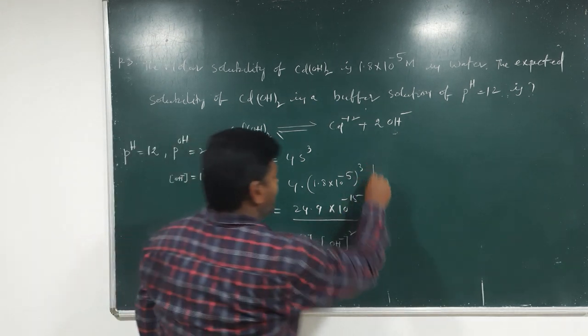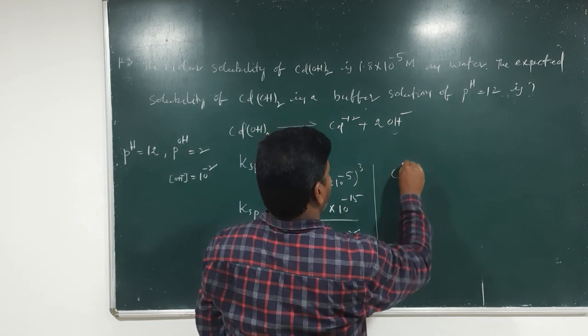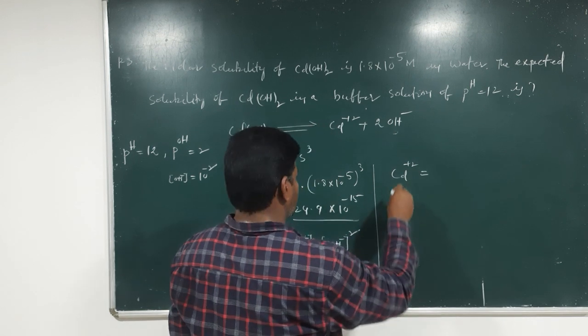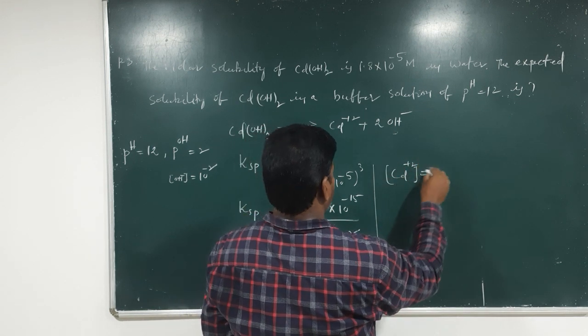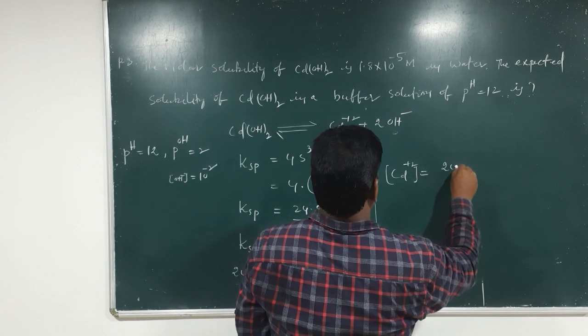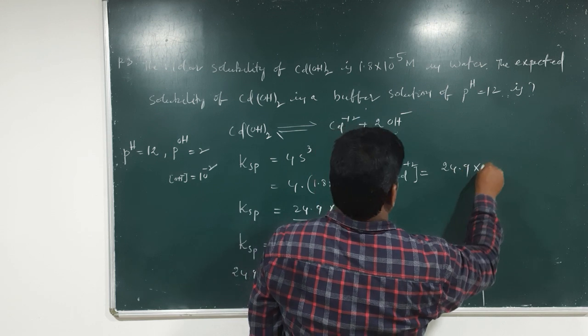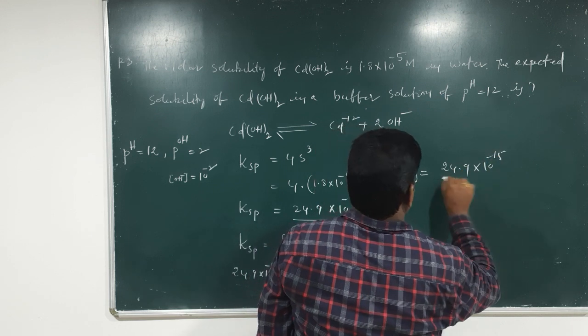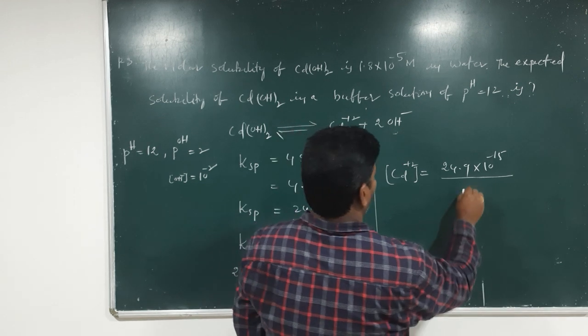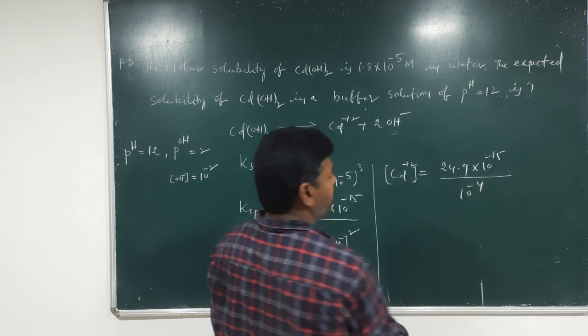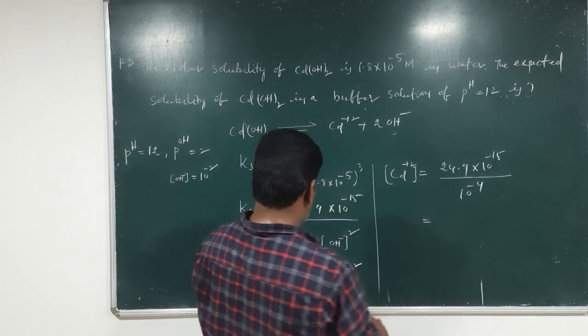So the concentration of cadmium plus 2 is equal to 24.9 into 10 to the power of minus 15 by 10 power minus 4.